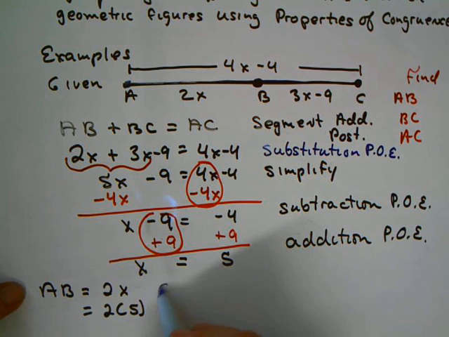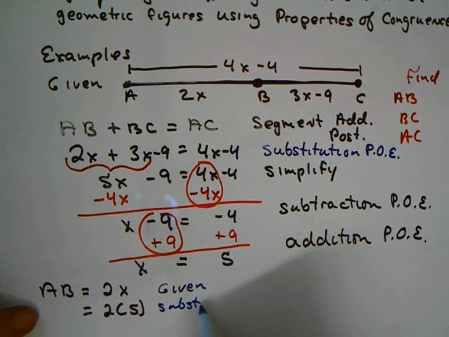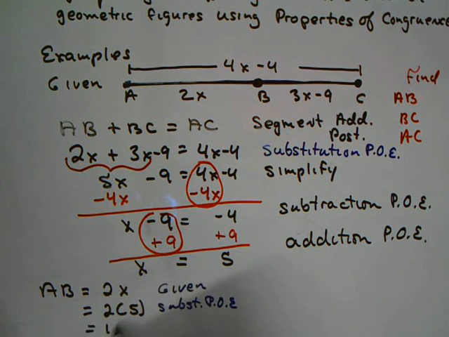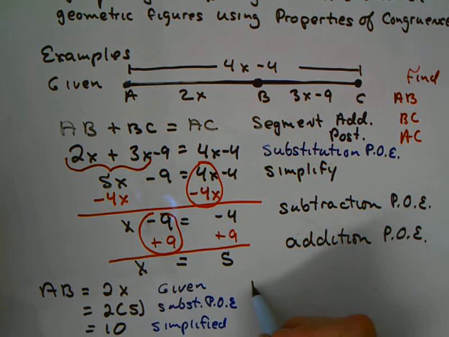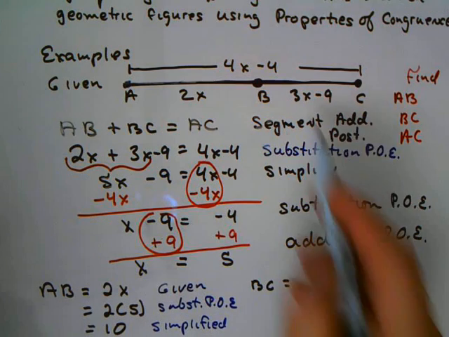And this is substitution again. I just substituted what I knew, the substitution property of equality. And that equals 10. If you had to give a reason for this, you'd say you simplified. Now B to C equals 3x minus 9, so I can put in 5 here.